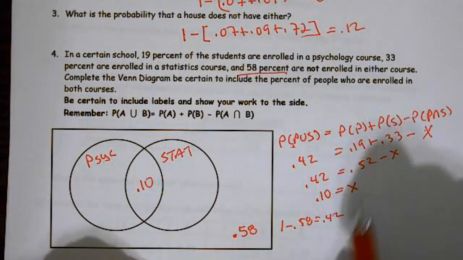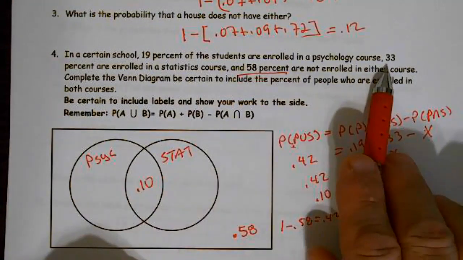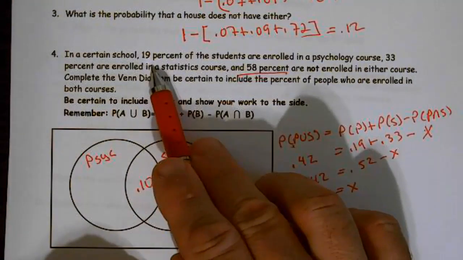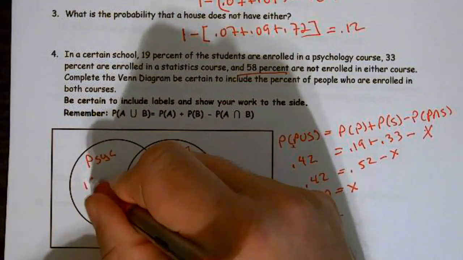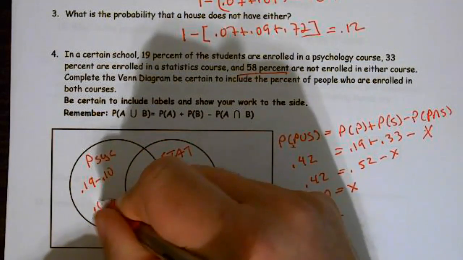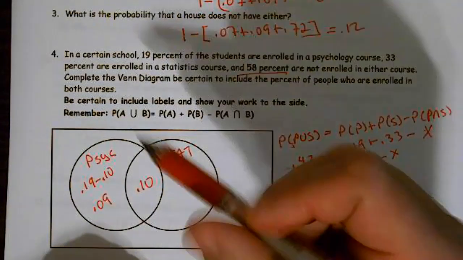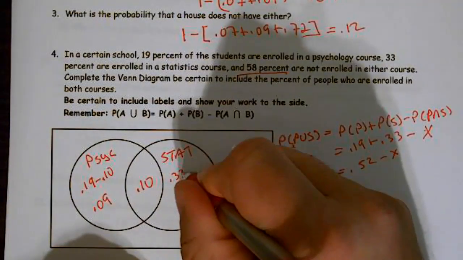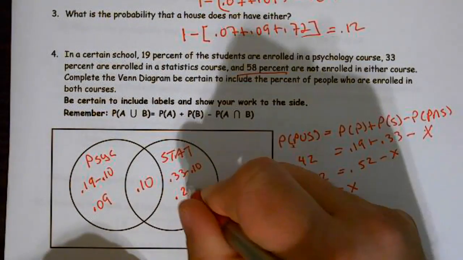Now that I know the overlap, what did they say psych was? 19% is supposed to be psych. That means this has to be 0.19 minus the overlap. And the stat was supposed to be 33%, so this is 0.33 minus the overlap.